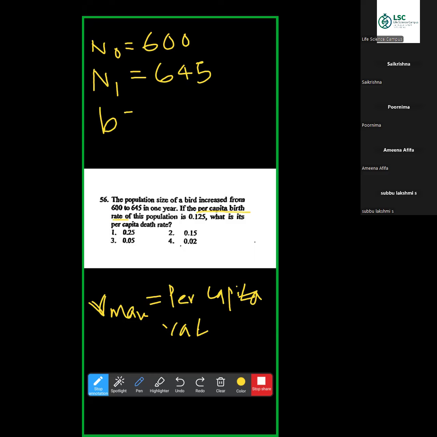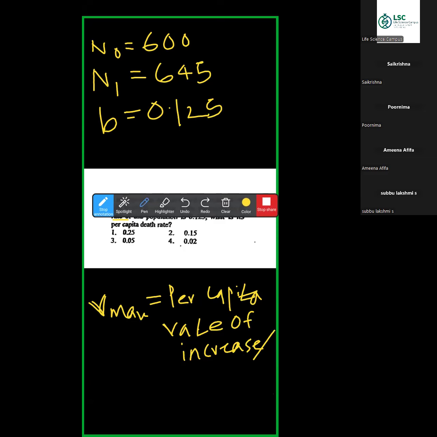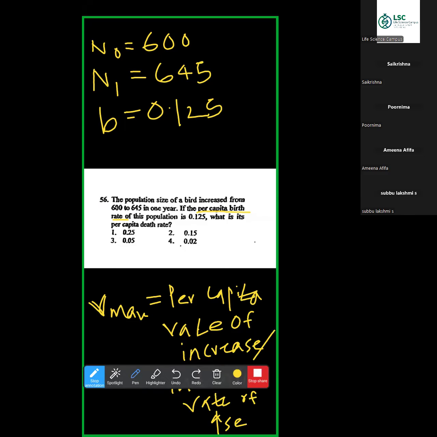That is the same B. So we have to find out the D value.